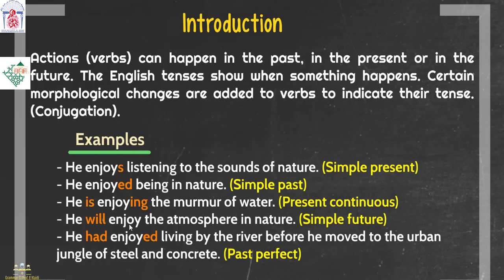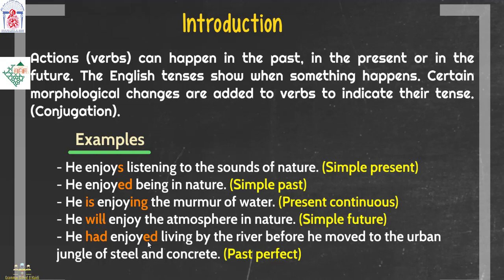The last example, he had enjoyed living by the river. So here we are using the past perfect. Okay, that's why we used had plus the past participle of the verb enjoy, which is enjoyed. Now we are going to explain in detail the structures of all the tenses. As we study the different tenses, we will simplify the use of these tenses and also their structures.